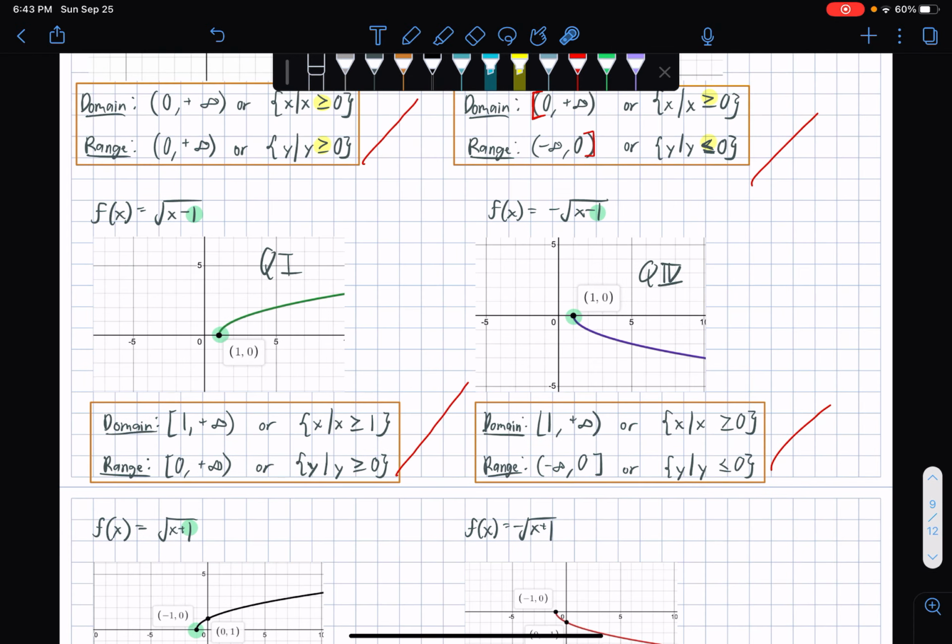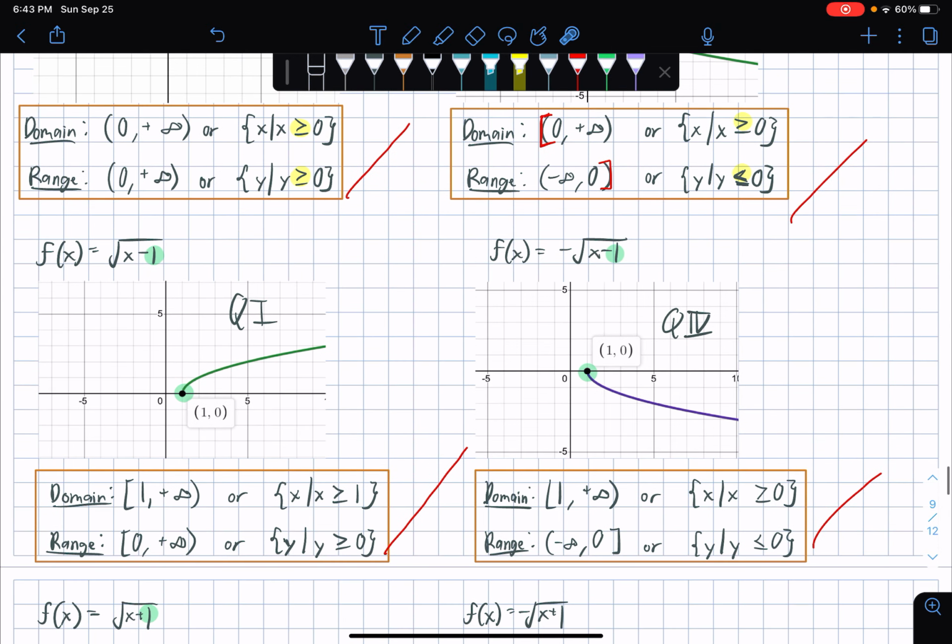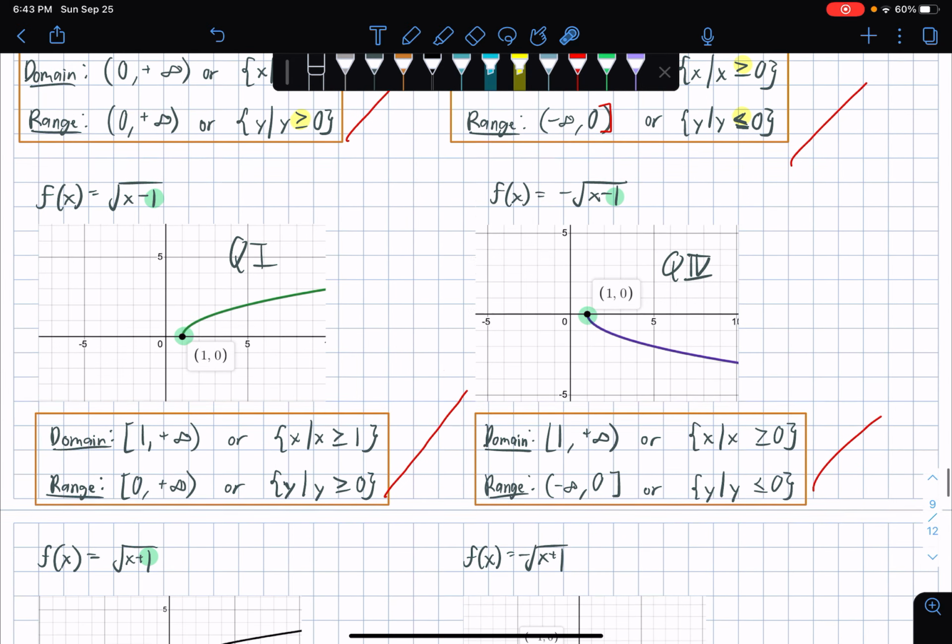Alright. Couldn't really say much about these details anymore. For the range, it's still 0. If the root function is positive, the sign is greater than or equal to. If the root function is negative overall, the range has the symbol in its set builder notation less than or equal to.